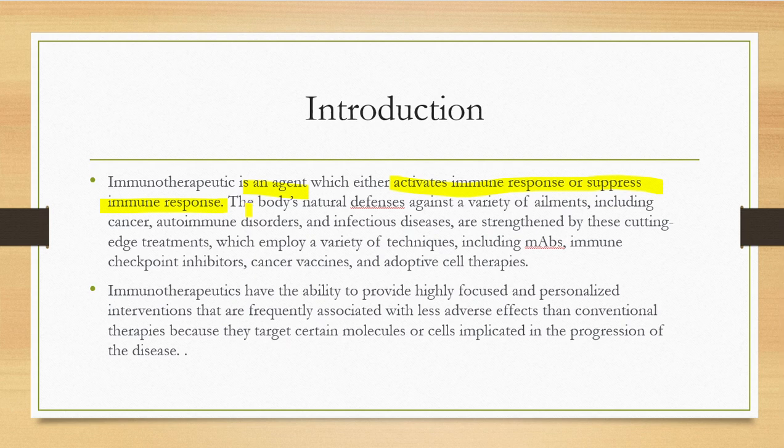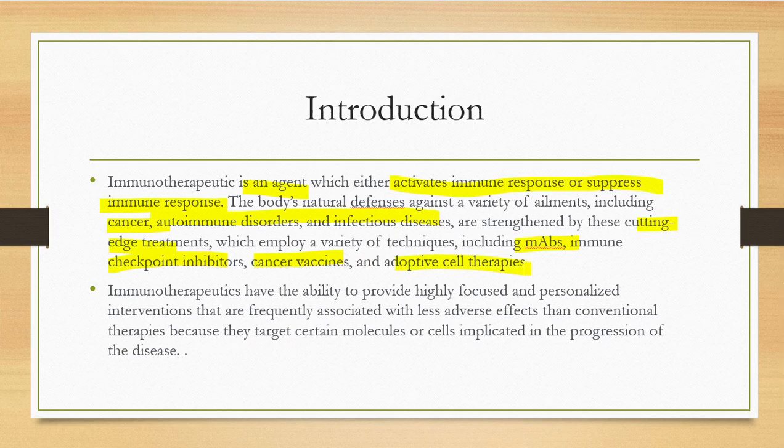These therapies are used in conditions like cancer, autoimmune disorders, and infectious disease, which are further strengthened by cutting edge treatments like immune checkpoint inhibitors, monoclonal antibodies, cancer vaccines, and adaptive cell therapies.